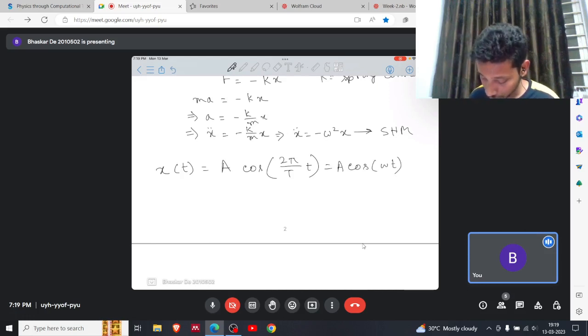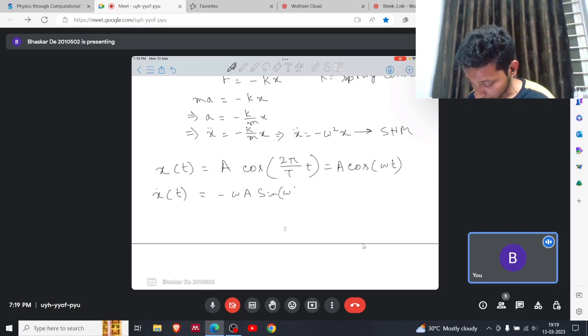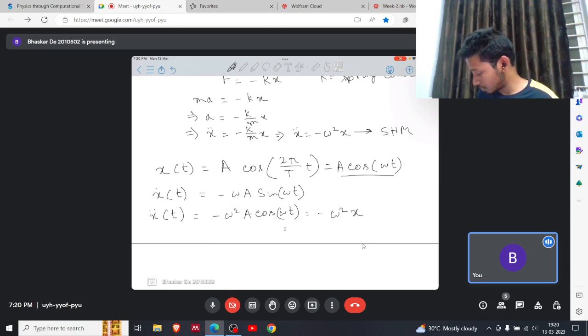If we take the derivative of this equation, we see that x dot (t) is equal to minus omega a sine omega t, and x double dot (t) equal to minus omega square a cos omega t. So this a cos omega t can be replaced with x, so we can say minus omega square x. So it satisfies the equation of SHM.